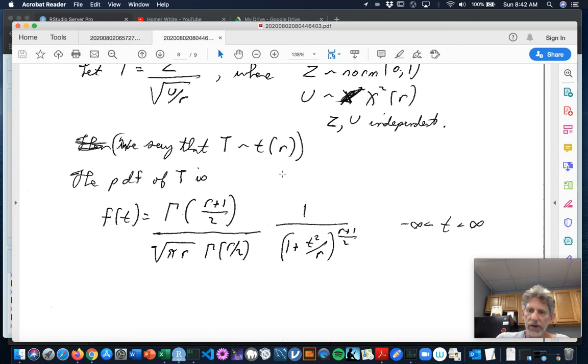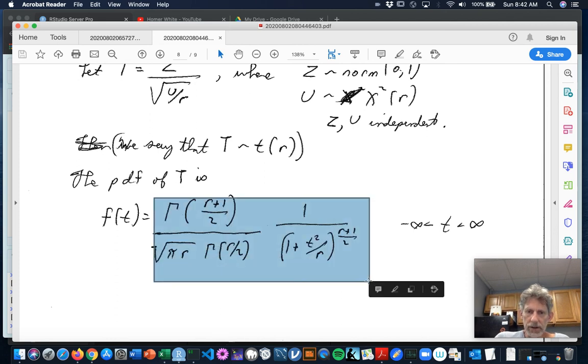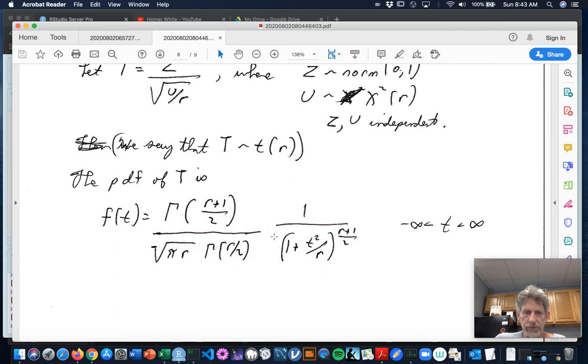And the interesting thing is that you can determine the distribution of this random variable. The PDF here is kind of god-awful with a lot of gammas, and there's a pi thrown in there, all kinds of stuff. But it can be found, so you can get probabilities for this random variable.